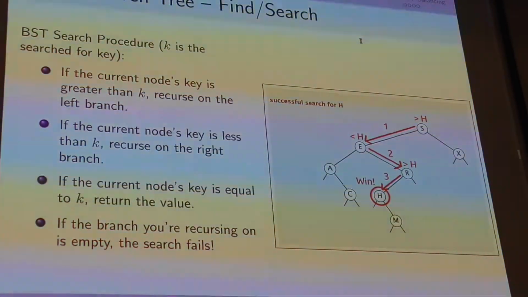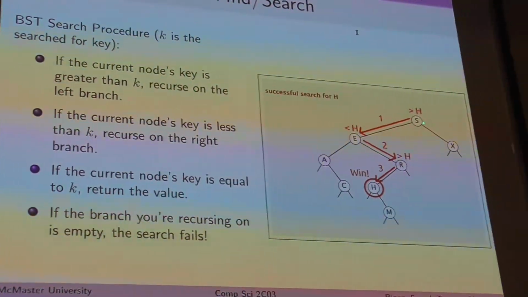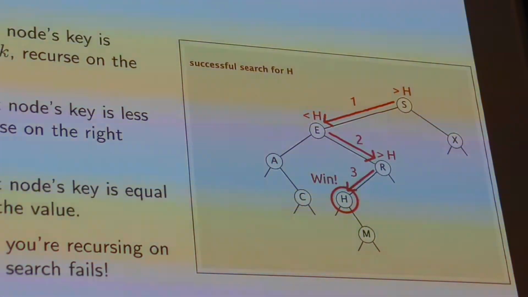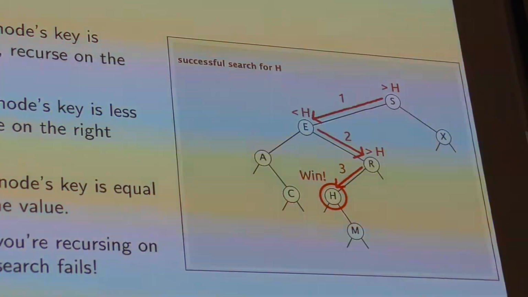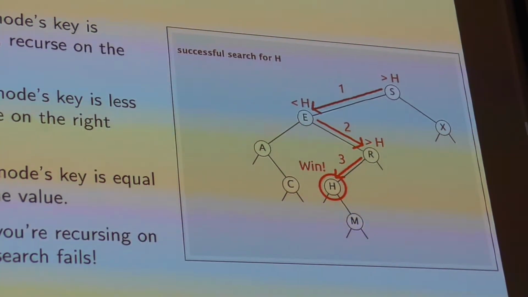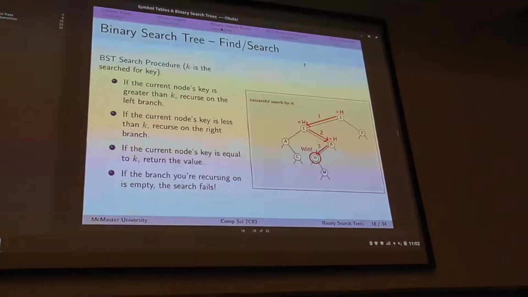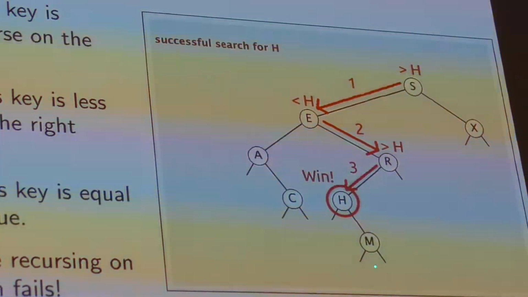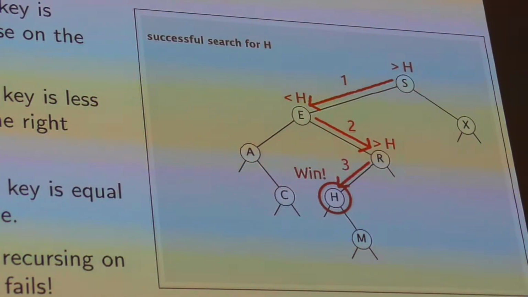You simply start with the root node, compare it to the element you're looking for, and follow the branch that it should be in based on the value in the node you're examining. So in this particular example, we have this binary search tree. We're searching for h.